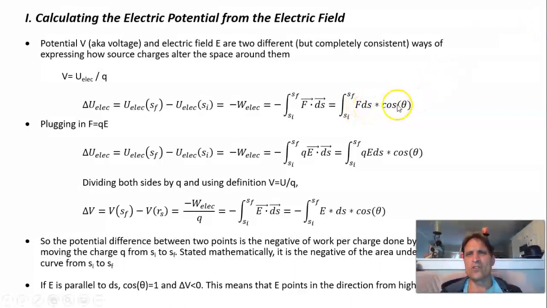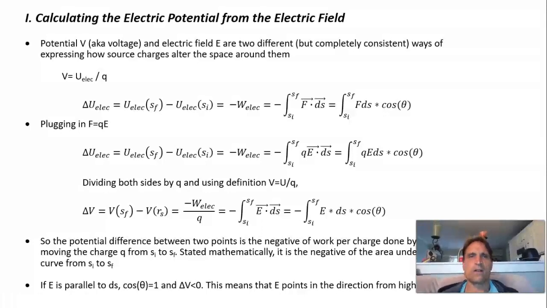And we saw that usually in our cases, the electric field was either parallel to the displacement, in which case theta is 0 and cosine of theta is 1, or the electric field is anti-parallel to the displacement, then theta is 180 degrees, and this is negative 1. Now, they can be any angle in between, but in the applications that we were discussing, usually they were either parallel or anti-parallel.